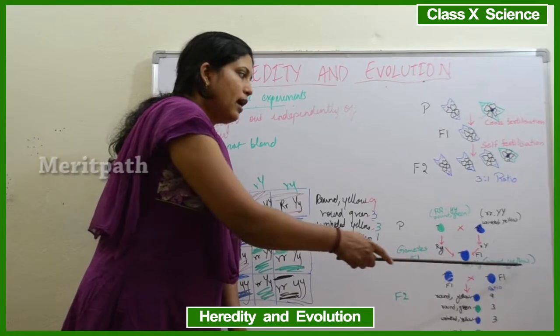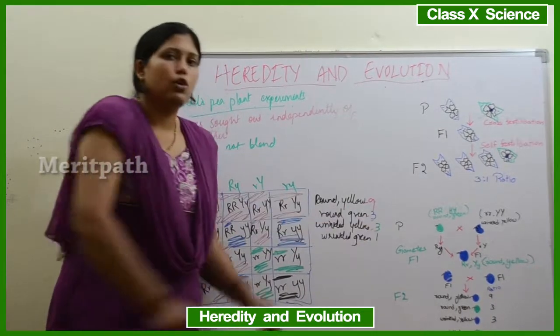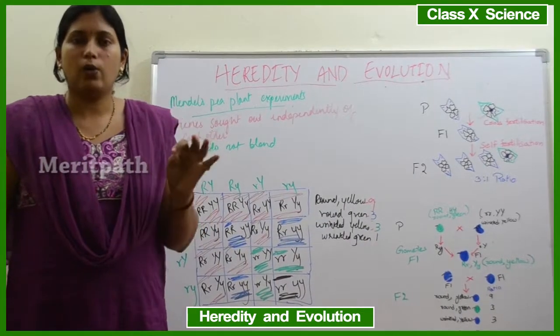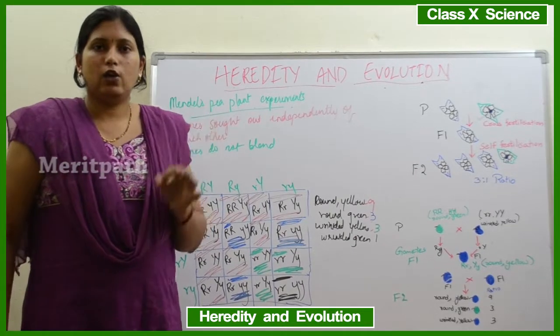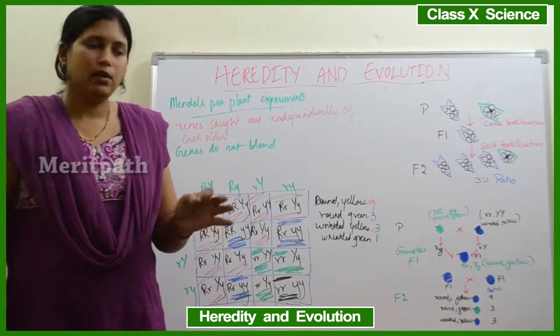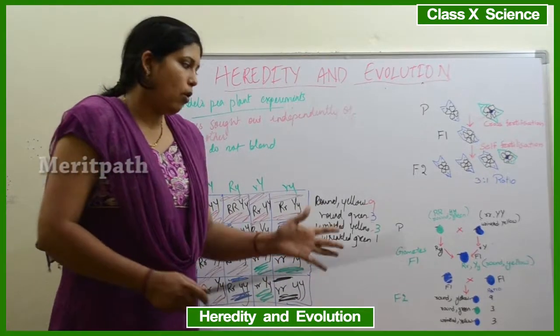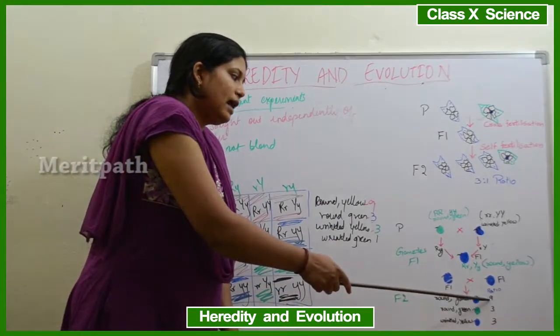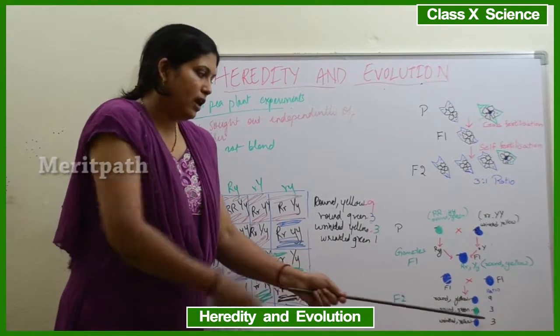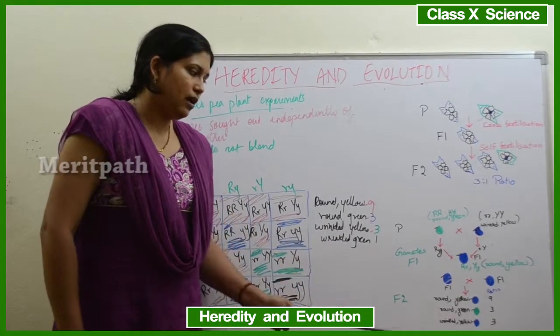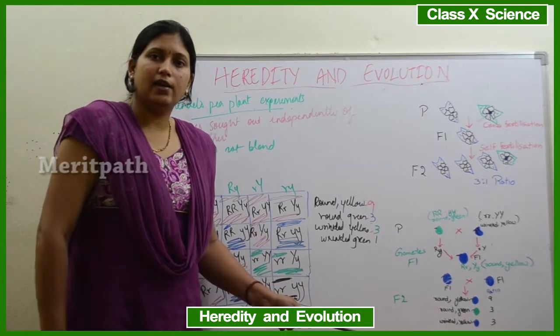We got round and yellow. So now we have understood that round shape and yellow color were the dominant traits. So when we self-pollinated this F1 generation again, what we got is 9 round and yellow, 3 round and green, 3 wrinkled and yellow, and 1 wrinkled and green.